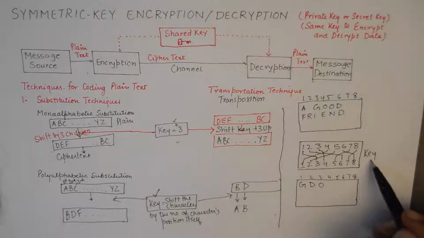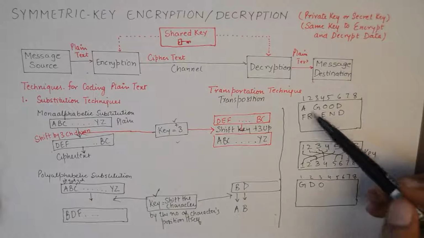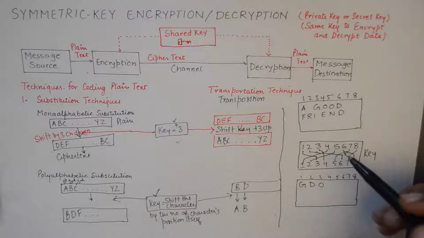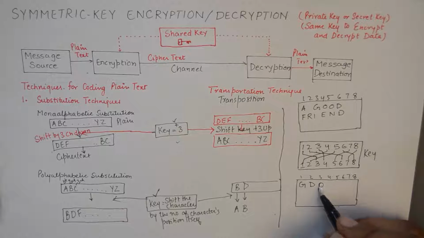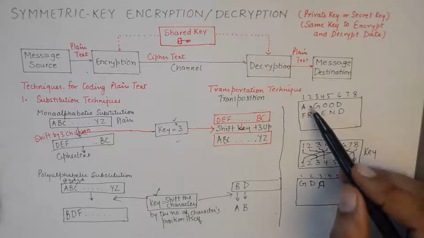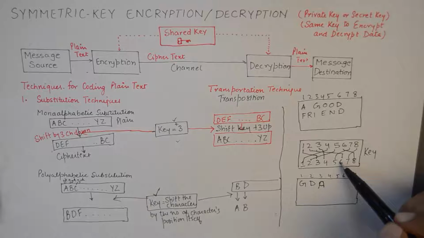now using the same logic specified in this key, I need to transport the position of A to the third position. So A goes to position number 3, and similarly we need to send position number 2 to 6.